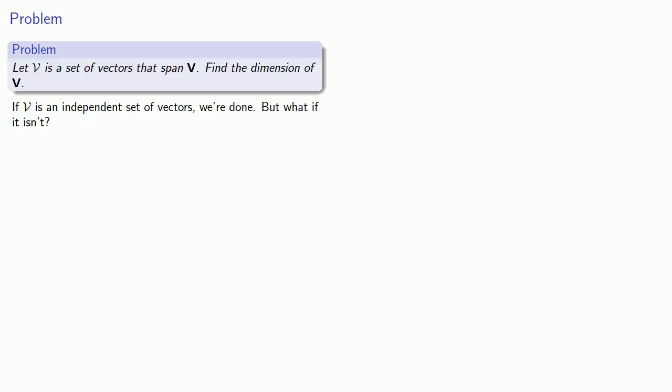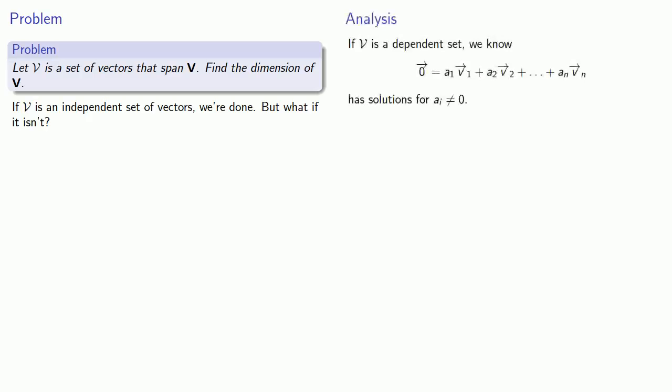So let's do a little bit of analysis. If V is a dependent set, then we know that linear combination equal to 0 has solutions for some a_i not equal to 0. Remember, we typically parameterize these solutions and our variables split into the free variables and the basic variables. Suppose I have a vector that corresponds to a free variable.